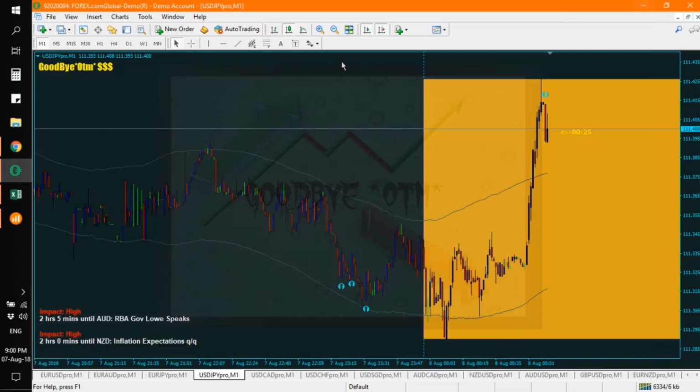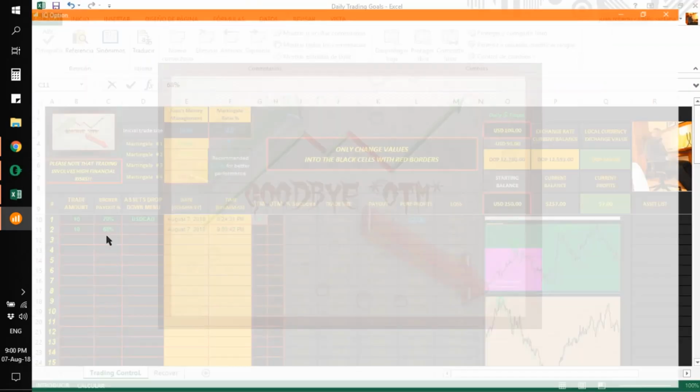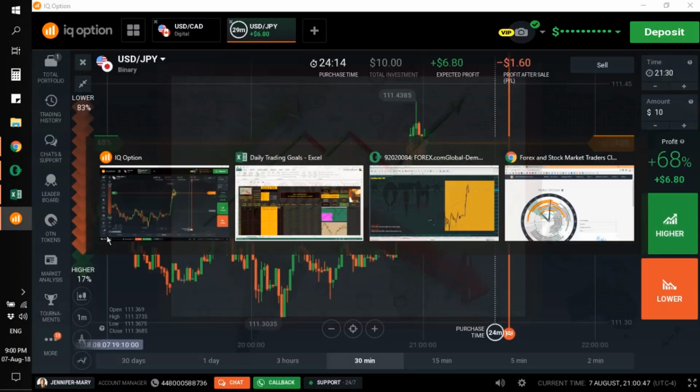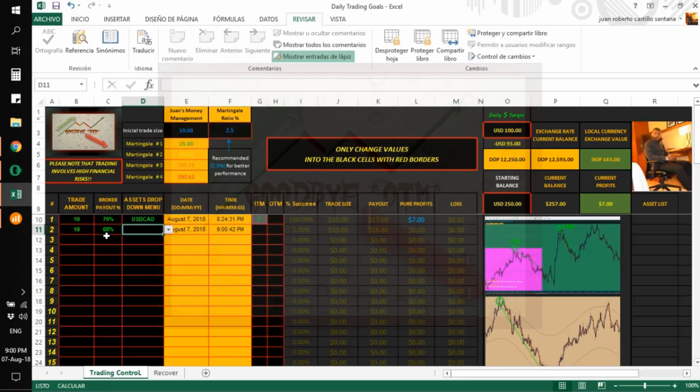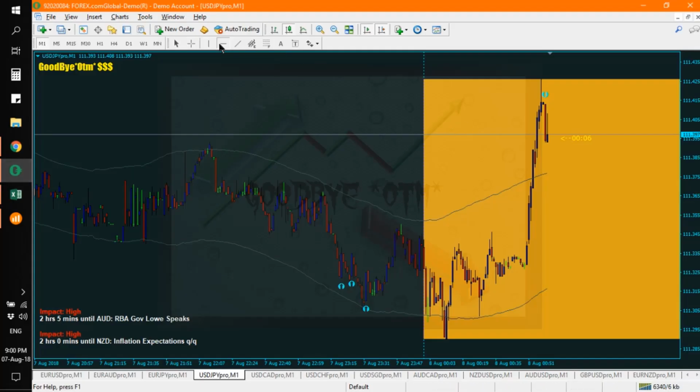Okay, so that means that we have placed our $10. It's paying 68 right now, if I'm not mistaken. Yeah, it's paying 68 on USD JPY. And let's wait 30 minutes from now and see how the trade ends up.